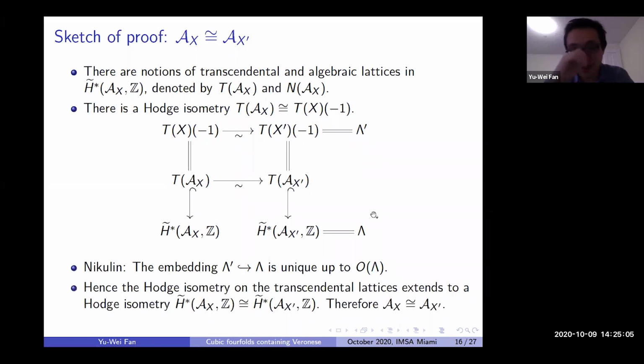So this will allow us to extend the Hodge isometry on the transcendental lattice to the Mukai lattice, and by Hilbert's theorem that implies the K3 categories are equivalent. Okay, so that's the sketch of the proof of the equivalence of the K3 categories. Essentially it just follows from identifying the transcendental lattice and this extension result.